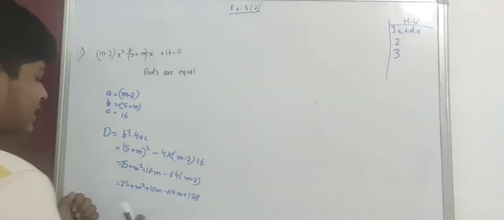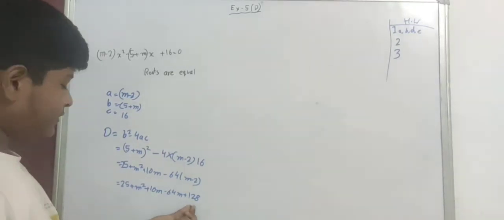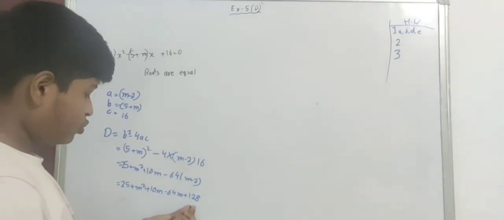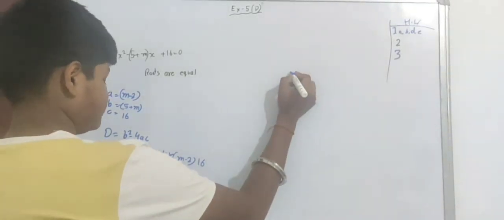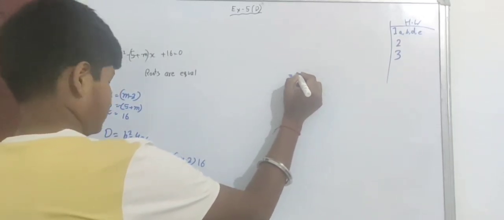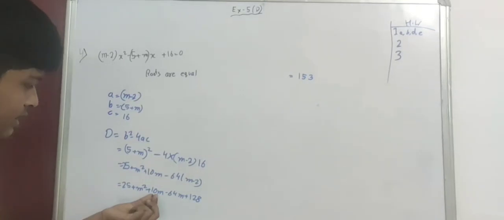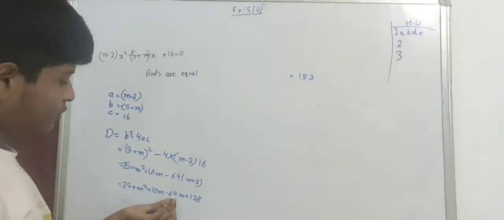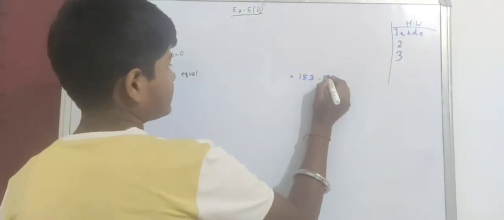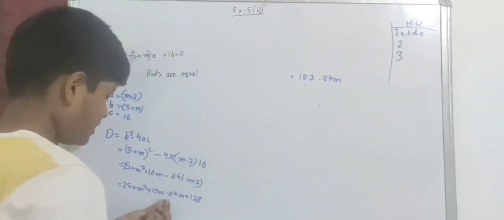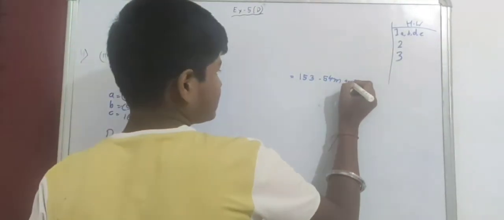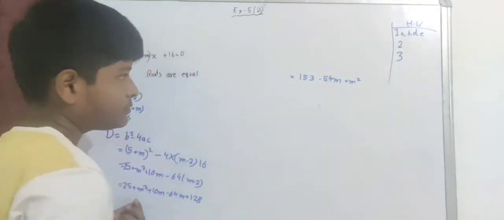Now solving it, add 25 and 128, we will get 153. Then 10m minus 64m, we will get minus 54m, and m square.